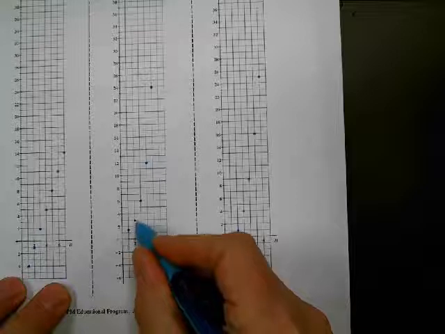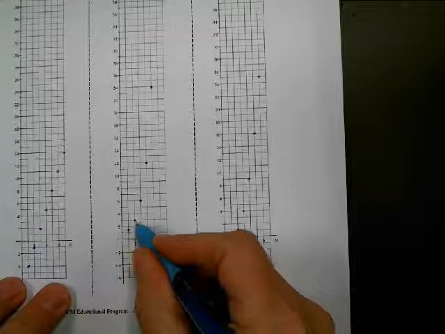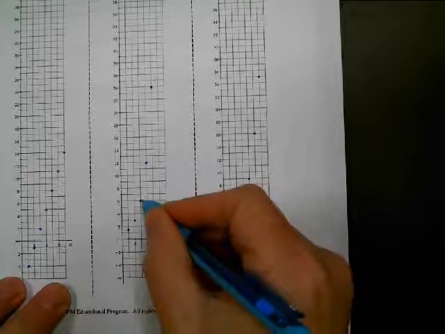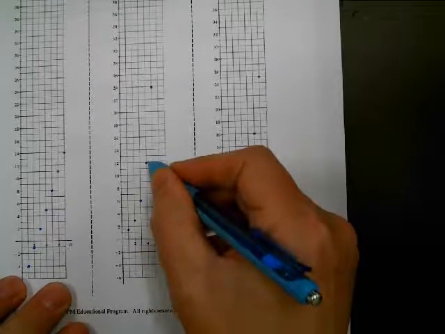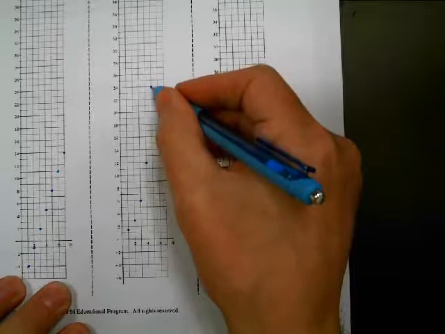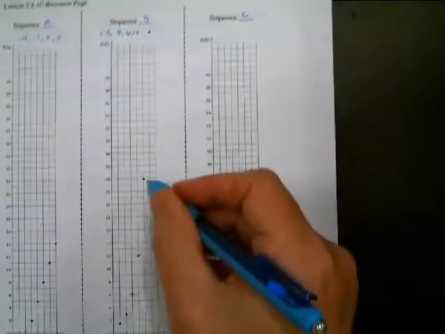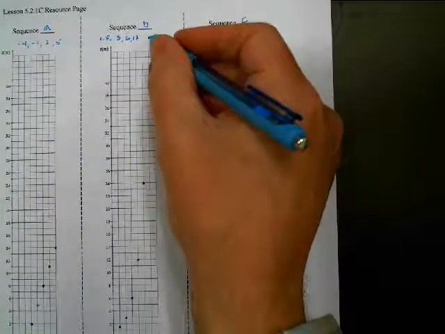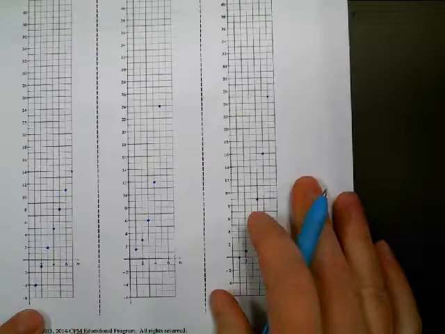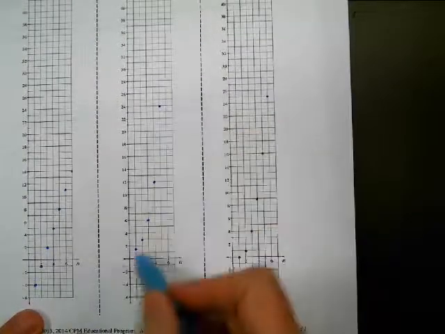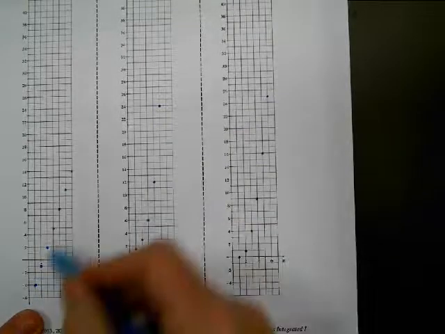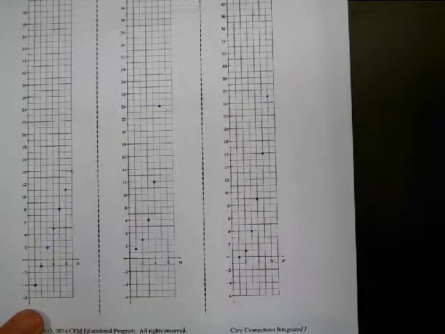My second term was 3. Next term is 6. Fourth term was 12. And then following this pattern, the next term would be 24. And then way off our graph up here is 48. So we see here that when we're multiplying, we get a nice little curve going there. Instead of, on the previous one we were adding, we're getting a line.